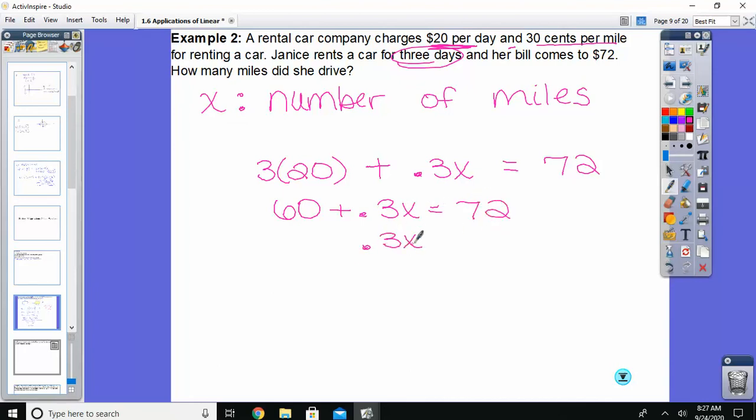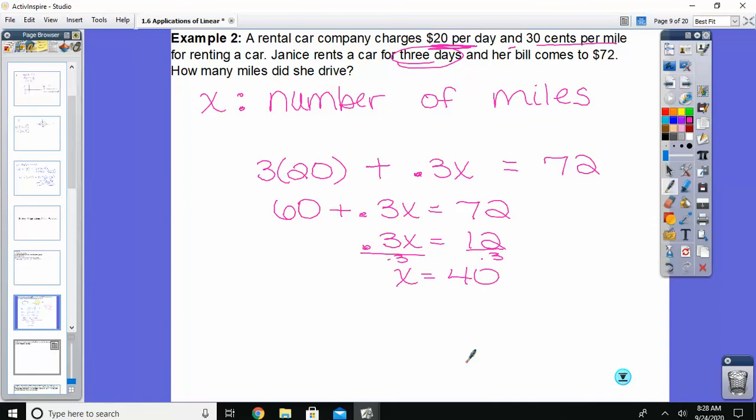Subtract our 60. Divide by 0.3. What do you get? Are we done?